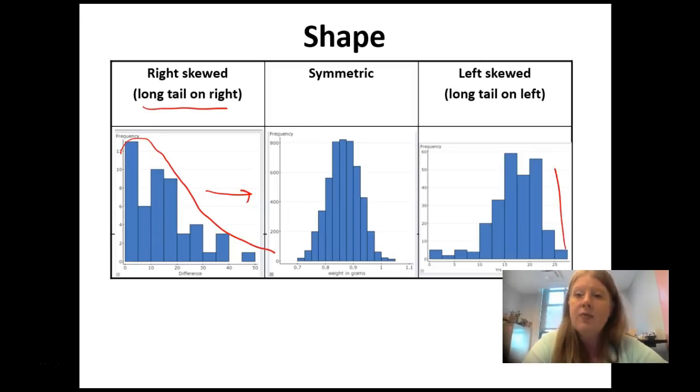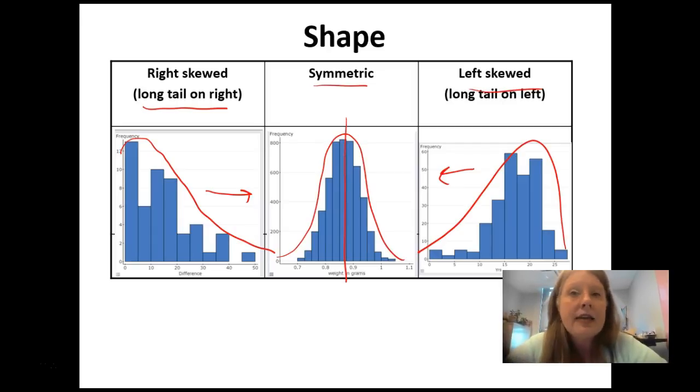If the long tail is pointing to the left, then it's left skewed. And it's symmetric if you can imagine cutting the distribution in half and each side is a mirror image of the other side. One type of symmetric distribution is a normal curve, as you see here, but you can have other types of symmetric distributions that are not necessarily normal.